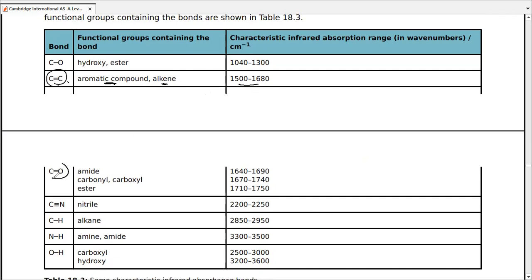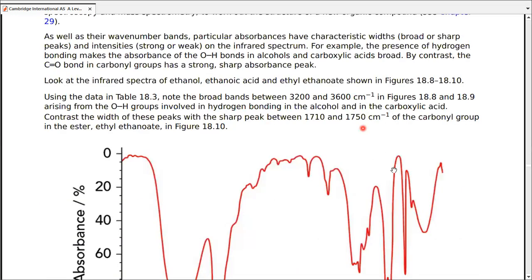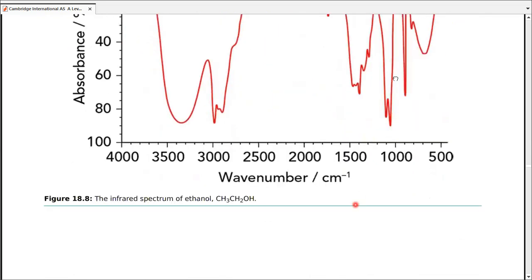Or carbon double bond oxygen is something that is present in amides, carbonyls, carboxylic acids, esters, all of them. And carbonyls and carboxylic acids, which means aldehydes, ketones, and carboxylic acids, which actually gives us a huge range of homologous series, are going to end up in the same portion. So how will we be able to clarify them with the help of these peaks that we are going to get?